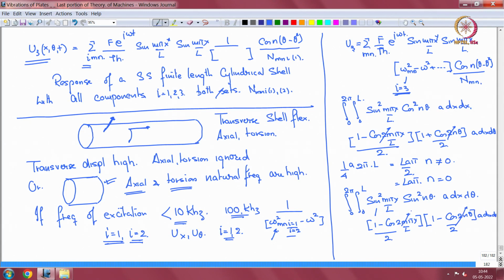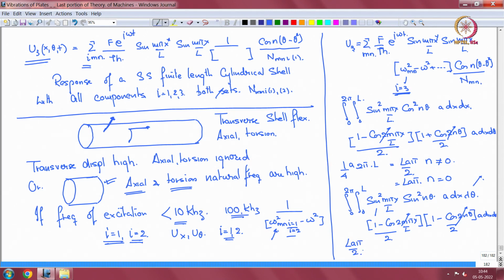Now when n equals 0, this term is 0, and when n is not equal to 0, we have the same L a pi by 2.